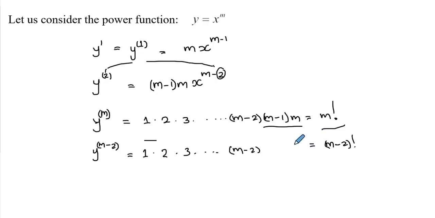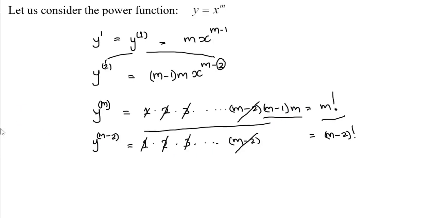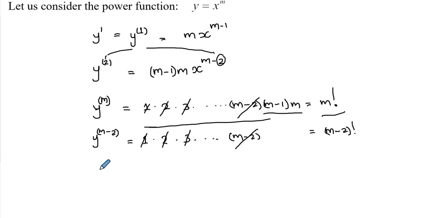So if we follow that pattern and divide, everything simplifies to a 1 up to the end, and then this remains. So the differential coefficient of order 2 is simply m factorial divided by m minus 2 factorial multiplied by x to the power m minus 2. That's what we get there.